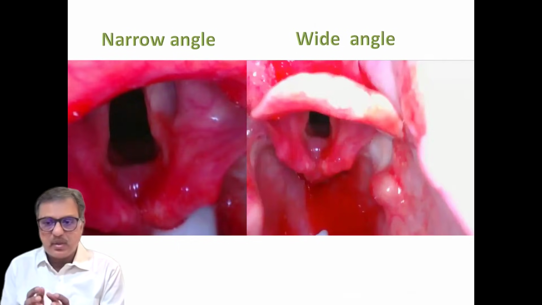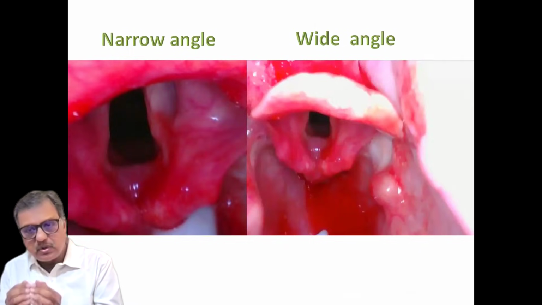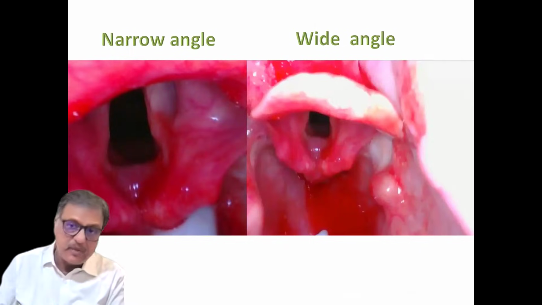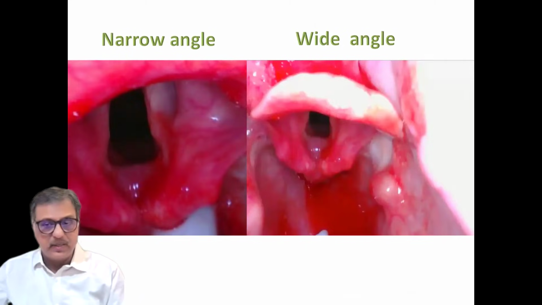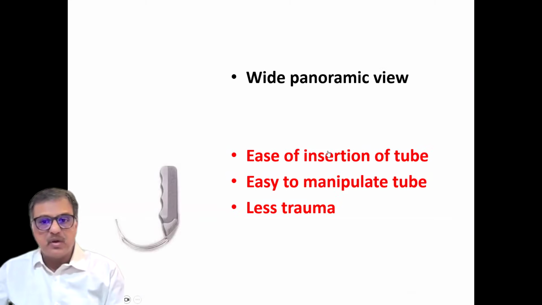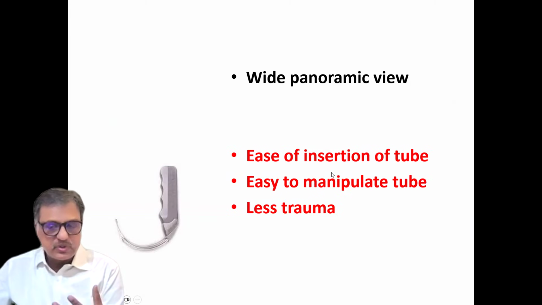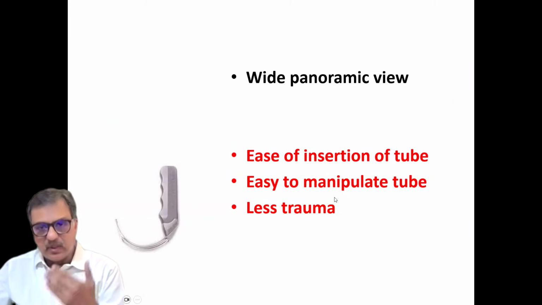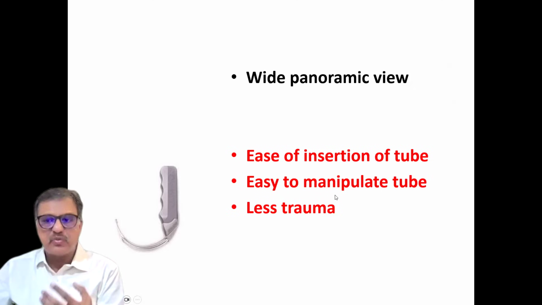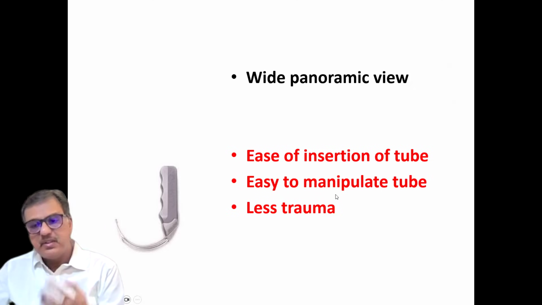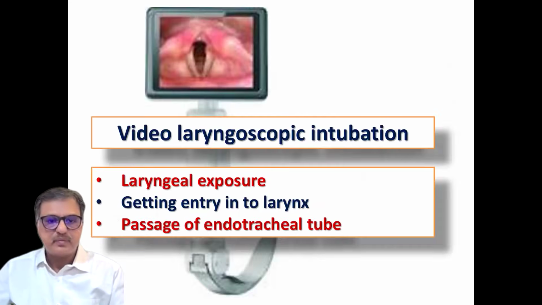You'll get the visualization of the tip earlier, and you can easily manipulate the tube towards the larynx. So that's the advantage of using a wide angle camera. It increases the ease of insertion of the scope with less trauma. It increases the ease of insertion of the tube, and it's easy to manipulate the tube because you are able to visualize the tip on the camera vision.